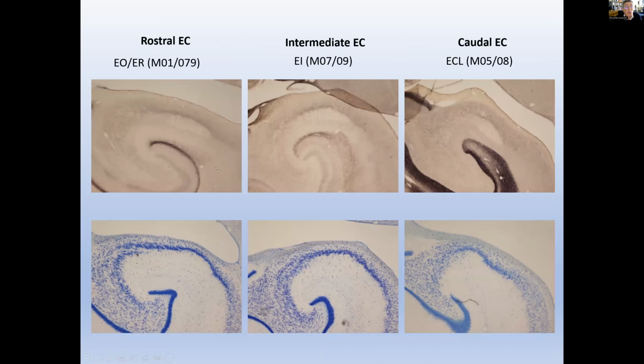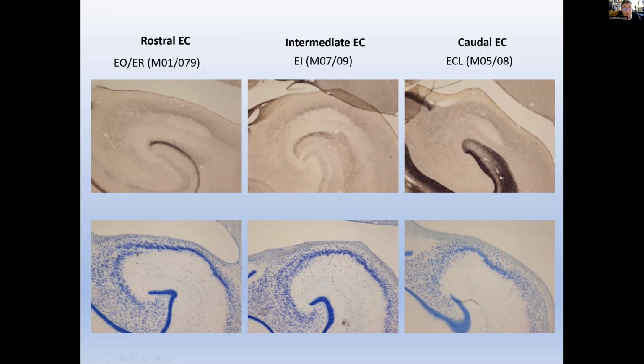And then the conclusion was that the rostral part of the entorhinal cortex projects little to this part. So we can see the outline of the end of the fibers, that will be the stratum radiatum. At the intermediate level, it increases significantly, and then at the tail it is also less prominent than in other topographical regions of the entorhinal cortex.